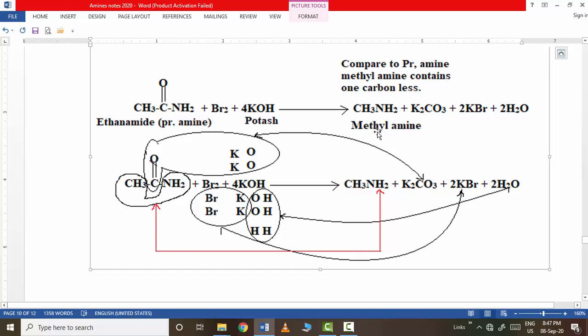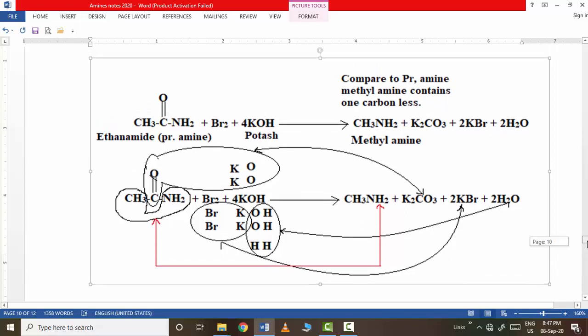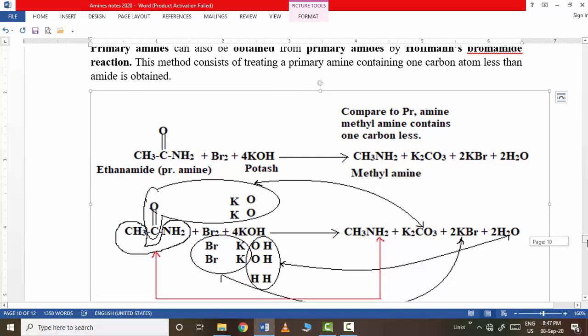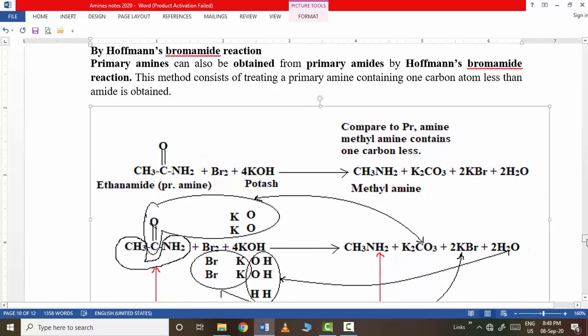Now if you compare ethanamide with the methylamine, in the methylamine you have only 1 carbon. In the ethanamide you have 2 carbons. So methylamine contains 1 carbon less. So that is what it is written here: this method consists of treating an amide to obtain a primary amine containing 1 carbon atom less.